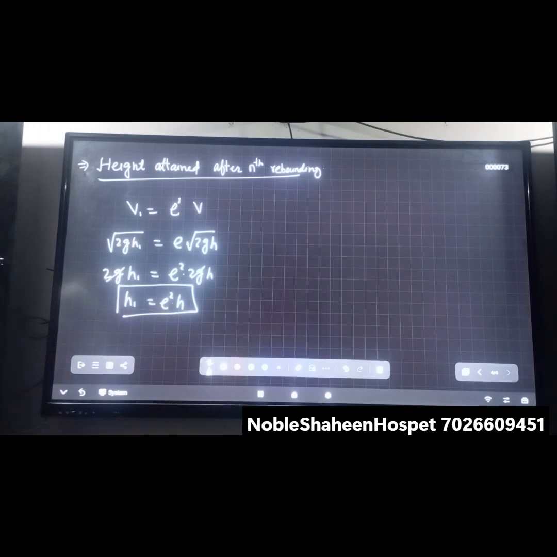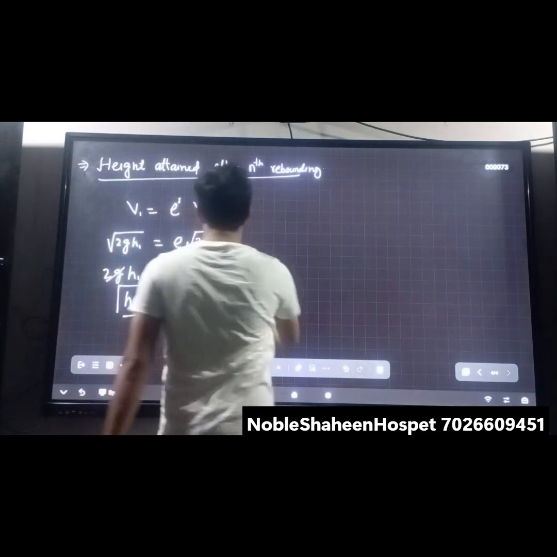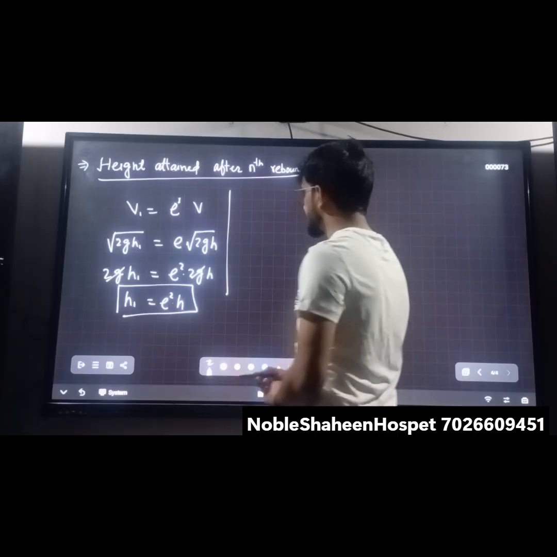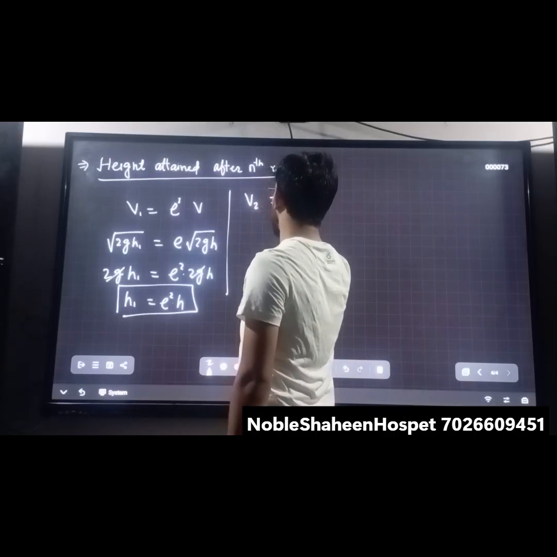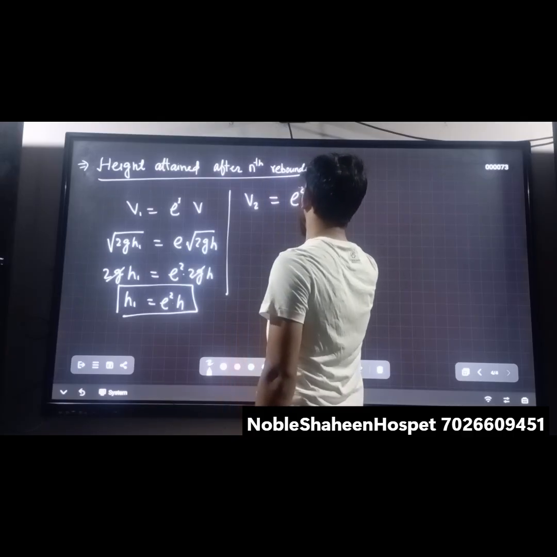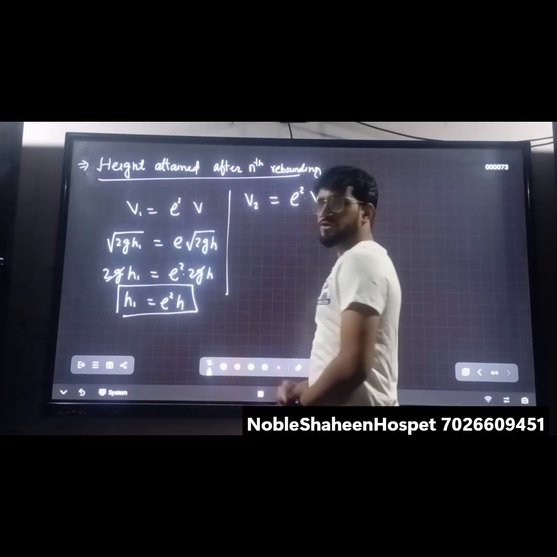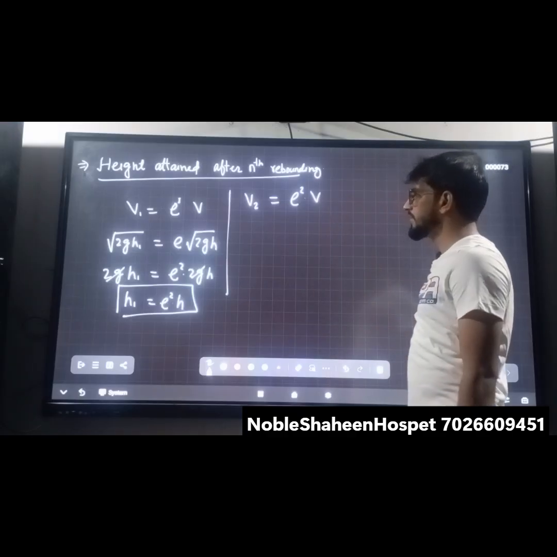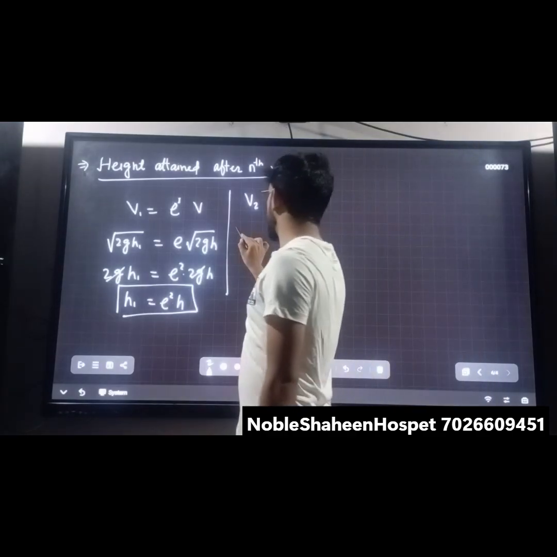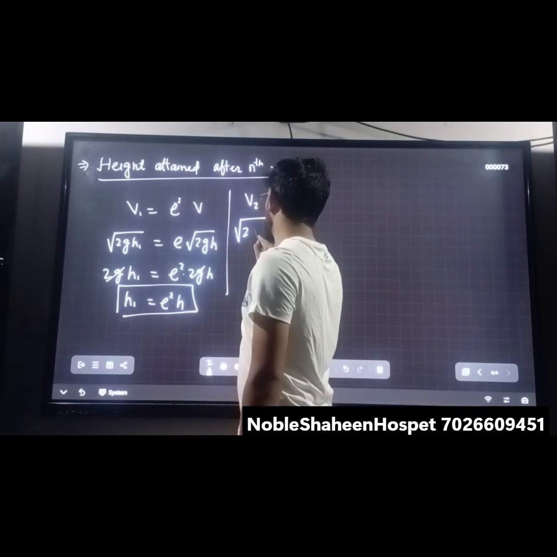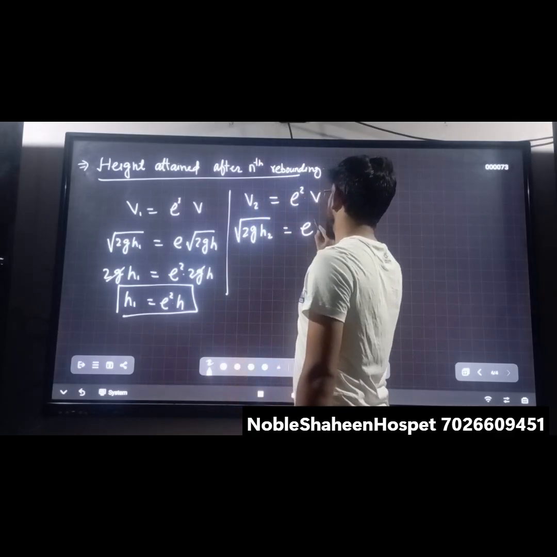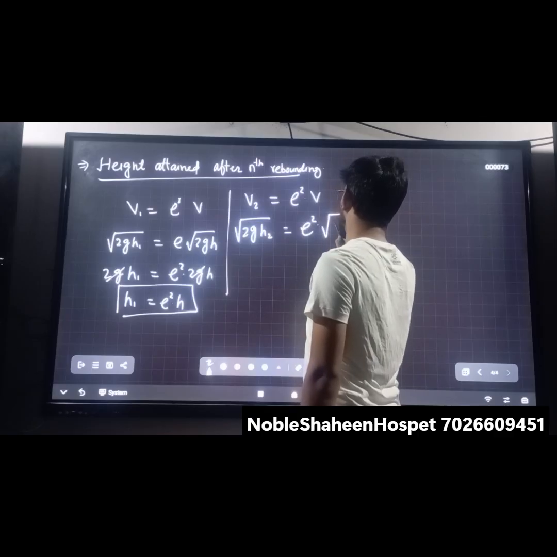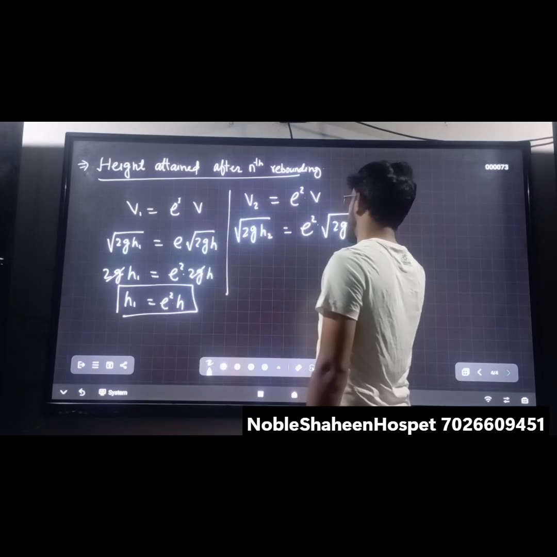For the second collision, after the second collision, the final velocity will be v2, and this v2 can be written as e square into v, or v2 can be written as under root of 2g h2. This will be equal to e square into under root of 2gh.